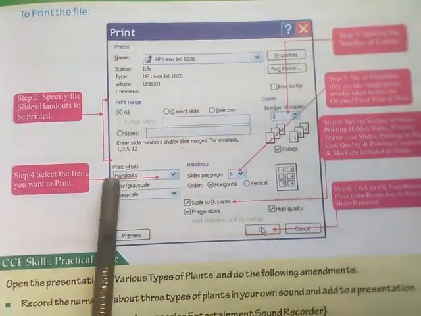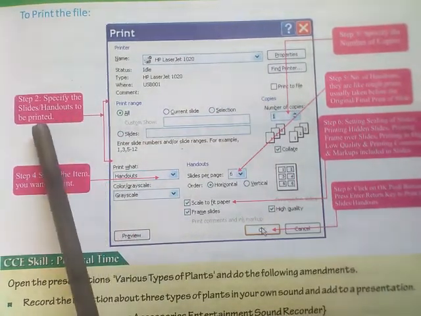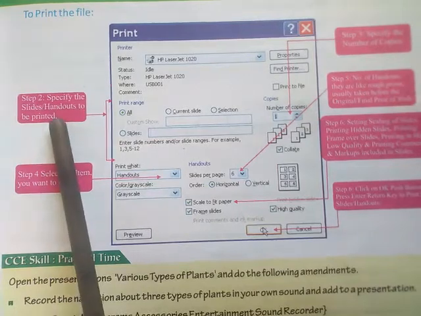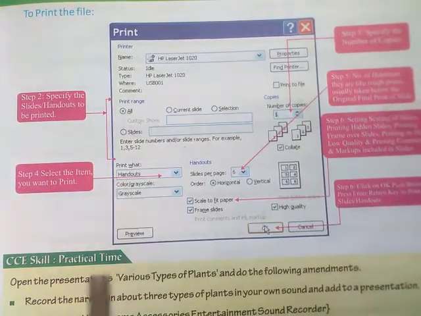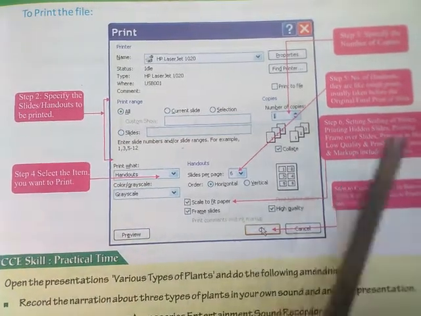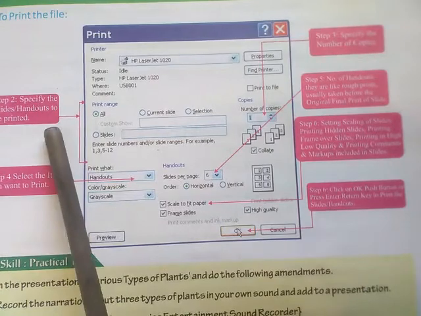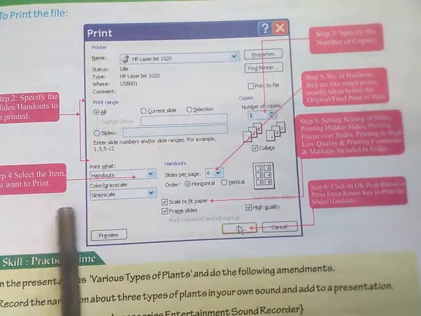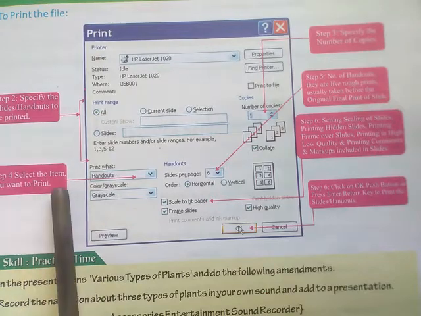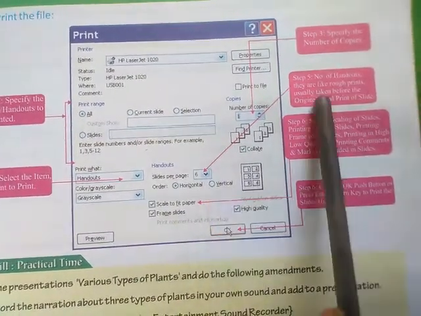Okay, here it shows all the functions, like specifying the slides and handouts to be printed. Step number 4 shows handouts, the items you want to print, and this is the number of handouts.